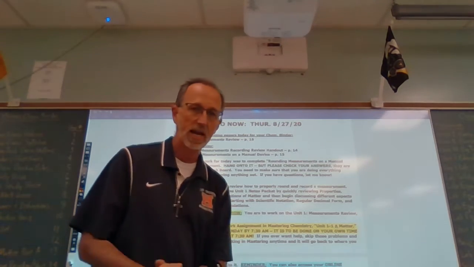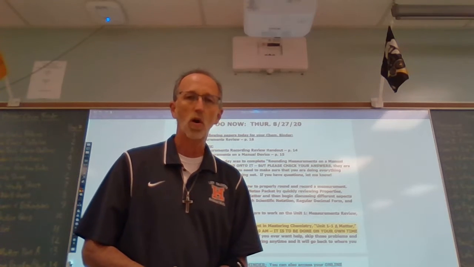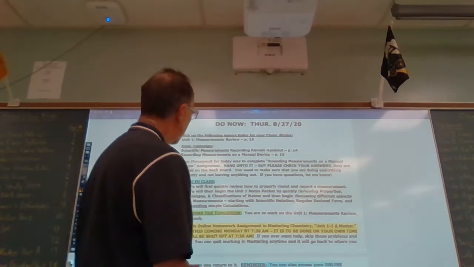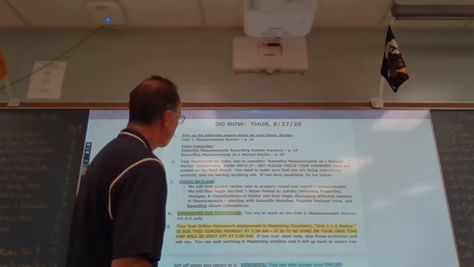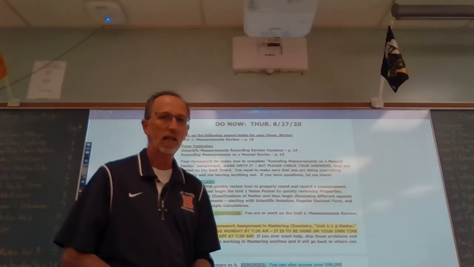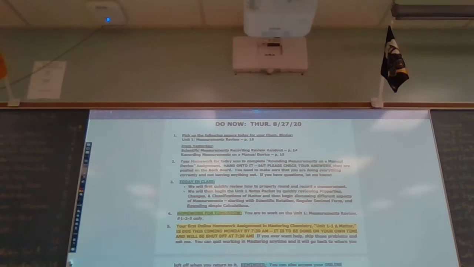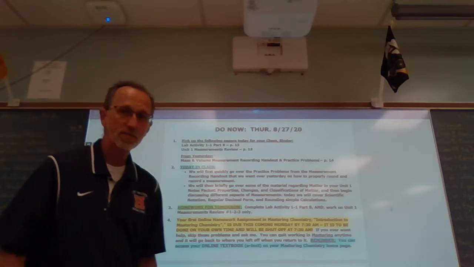This is the schedule, or the do nows, for Chem 2, all right, which shows that today you will be picking up page 16, Unit 1 Measurements Review. Let me quickly flip to the Do Nows board for Honors Chem because it's very similar. And there it is right there.